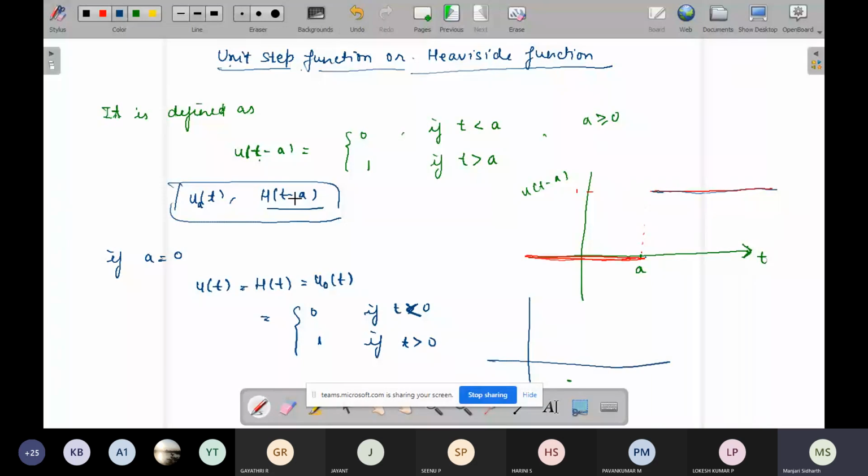The graph is simply this, not including this point but near to it. Here it is t, here it is the unit step function u naught of t. This graph is either 0 or it is giving 1.